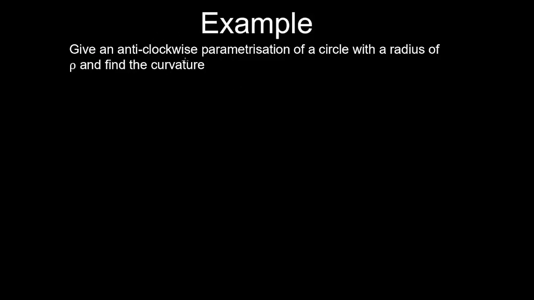Give an anti-clockwise parametrization of a circle with a radius of ρ and find the curvature. Well, the position vector can be written as the radius times cosine of parameter t in the i direction plus the radius times sine t in the j direction.